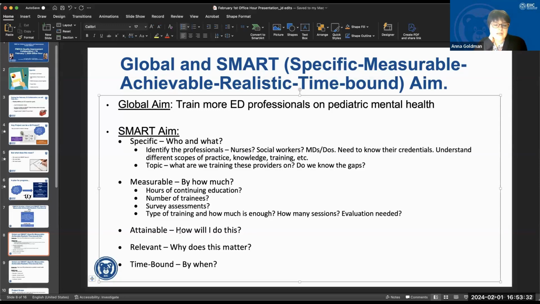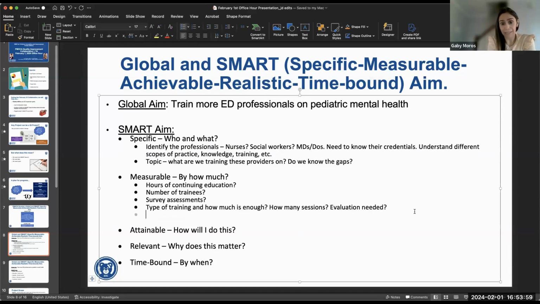We might need, as you said, a pre and post, a baseline and after, to see if there's an improvement in knowledge or comfort in using some assessment tool, whatever it is that we're trying to achieve with that education. I wonder if there is a way to measure how much of the training they apply in their practice, if that's in any way possible.